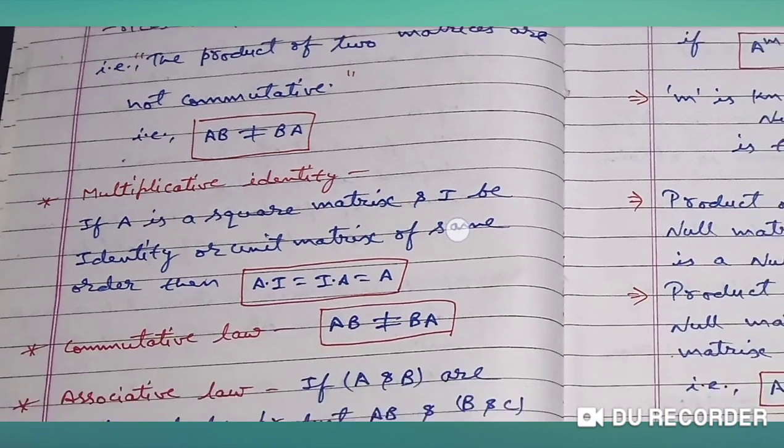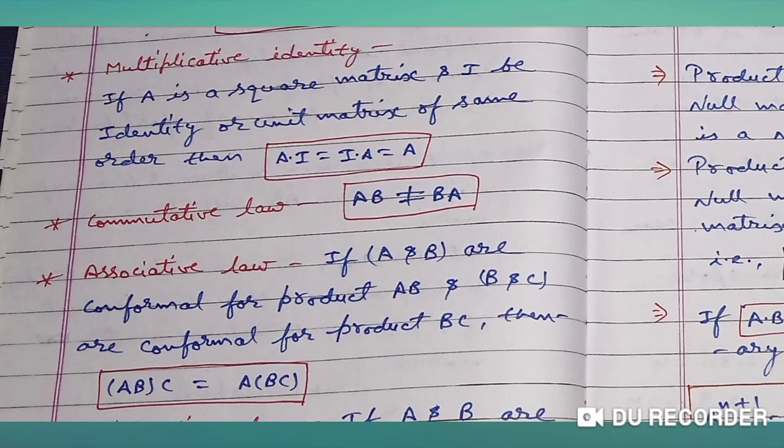Now coming down, there is the multiplicative identity. In previous episodes we talked about the additive identity, and this is the multiplicative identity. In the additive identity, we saw that there is a number that, when added to some matrix or some real number, gives back that number itself after addition.